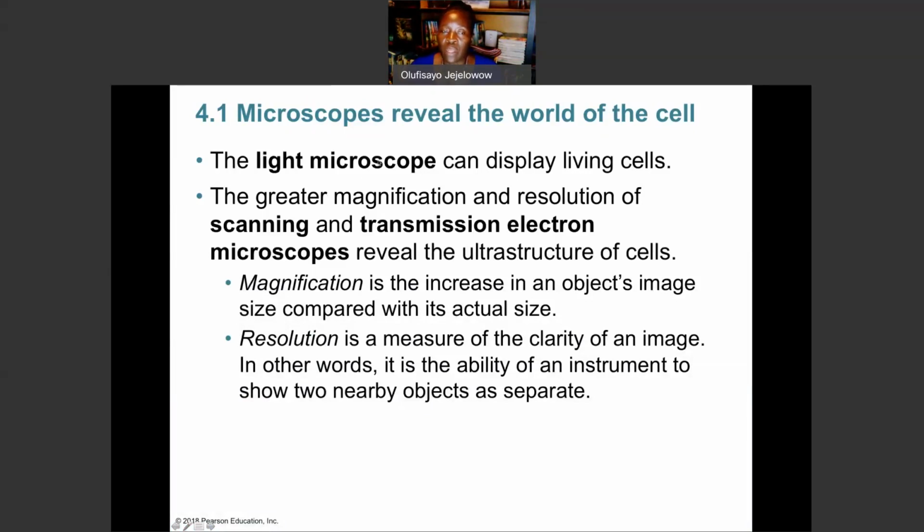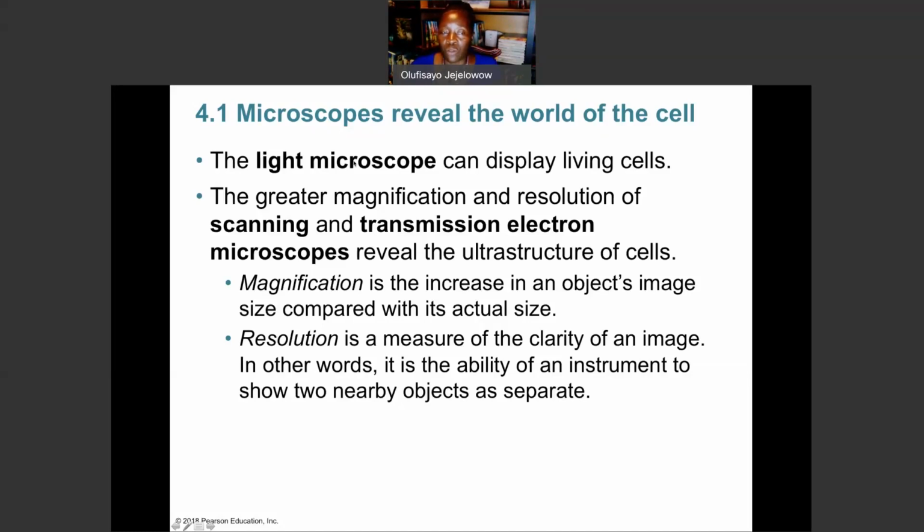The way in which the light microscope helps us visualize things that the ordinary eye cannot is through magnification, making the organelle or the cell much larger than what the eyes could see. So the greater magnification and resolution of the light microscope compared to our eyes has enabled us to study the cell for many more years.